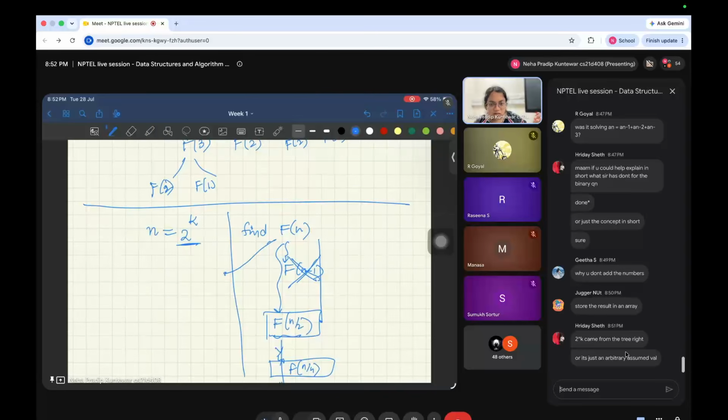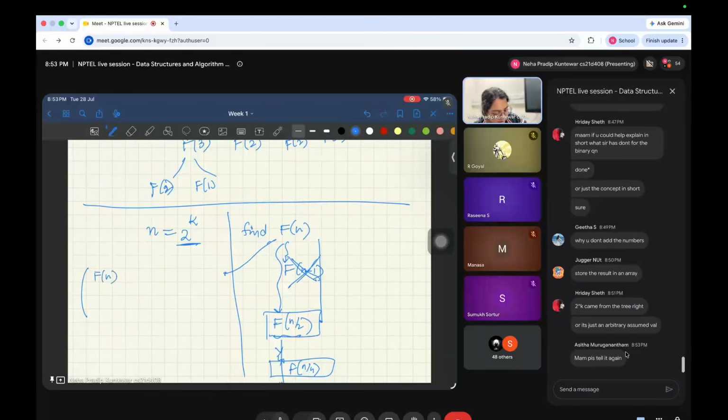So how do you do this? You observe that if I look at this matrix, let's say this is f of n and this is f of n minus 1.